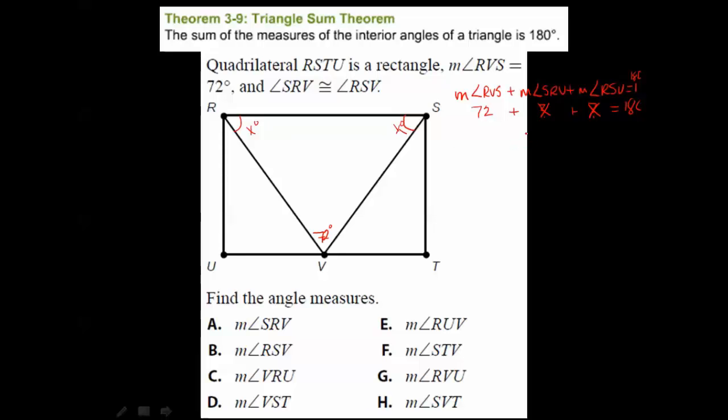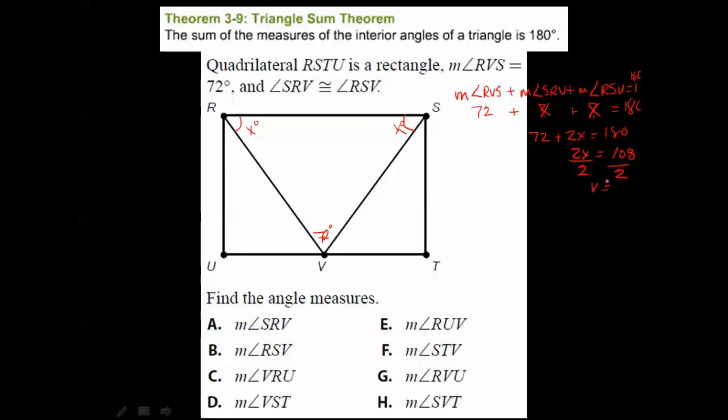So I'm going to have 72 plus 2x equals 180. I subtract 72 from 180. That gives me 108. I divide both sides by 2.